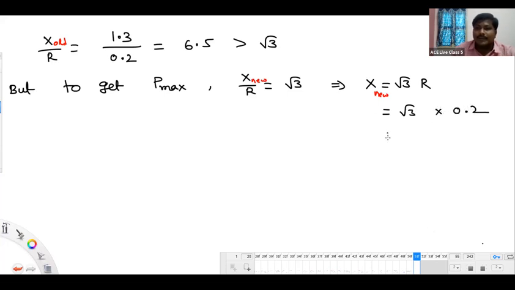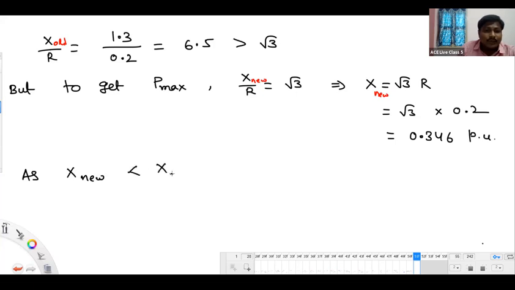How much is that value? Root 3 into 0.2. Anybody please tell me. What is root 3 into 0.2? Many of you are saying the answer already. 0.346 per unit.